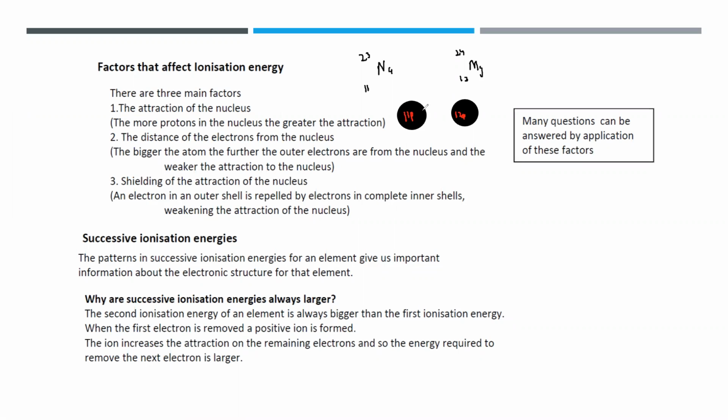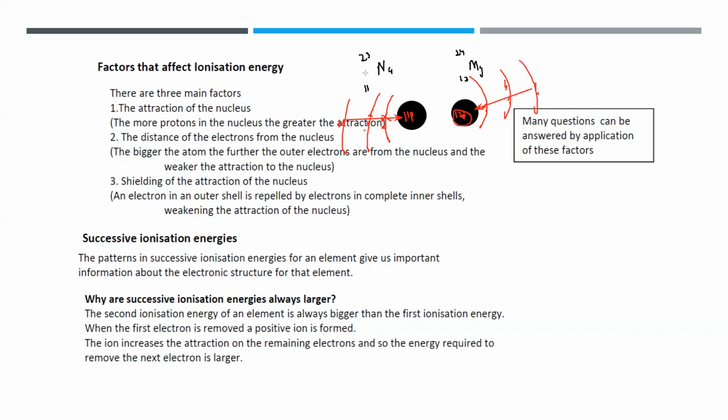For sodium, first, second and third shell: the first shell will have 2 electrons, the second shell 8 electrons, and the third shell 1. For magnesium, first shell 2, second shell 8, and the last shell 2 electrons. So you can see here 12 protons are attracting the electron in the third shell, and here 11 protons are attracting the electron in the third shell.